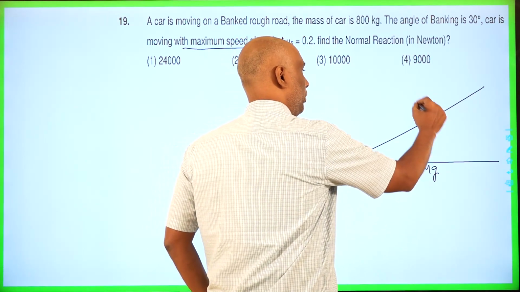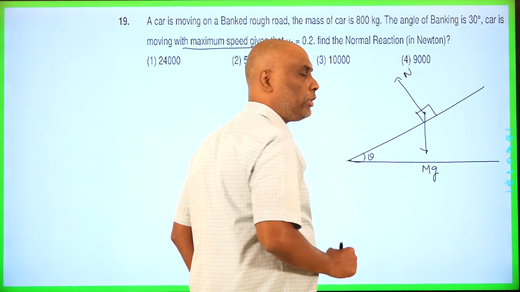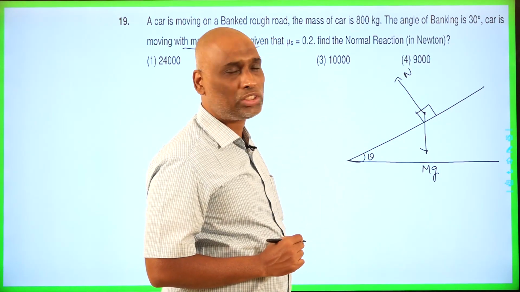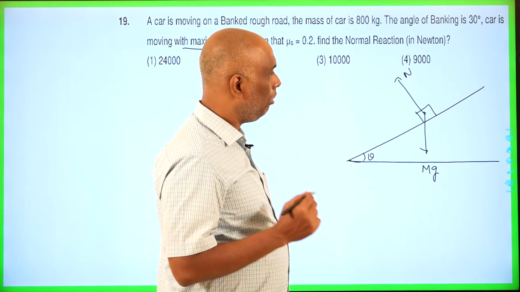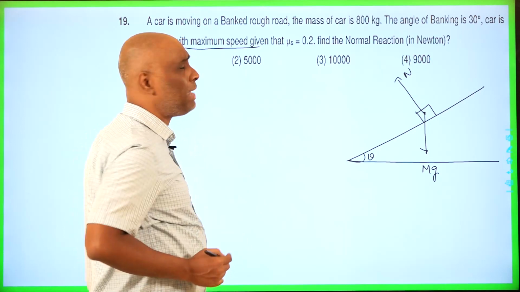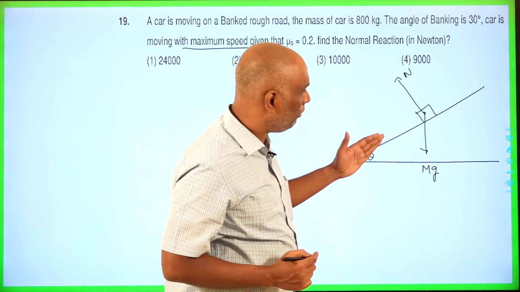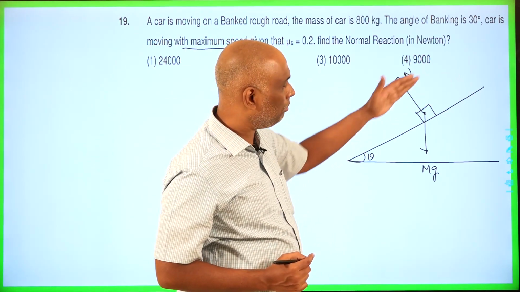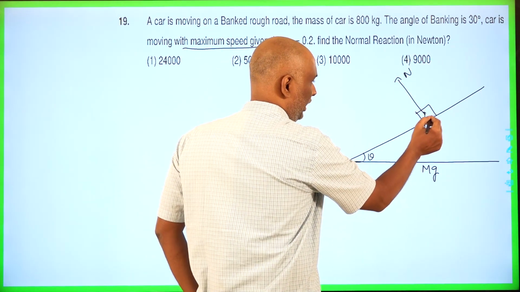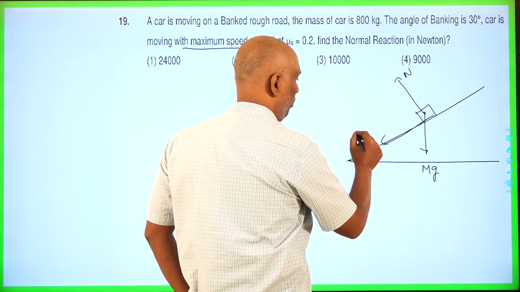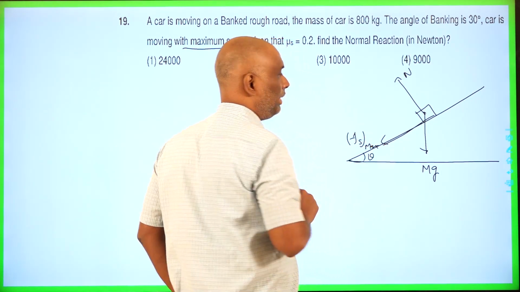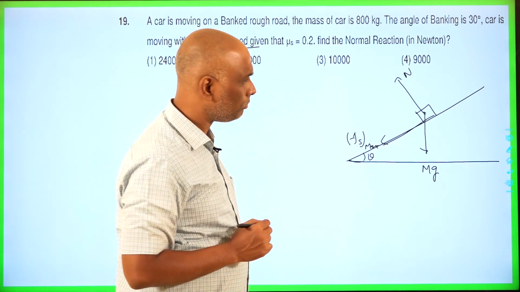The second force is the normal reaction, which is equal to N. Apart from this, there will be one more force, which is nothing but the frictional force. What is the direction of the frictional force acting? As they said that it is moving with a maximum speed, the impending motion will be outwards. When impending motion is outwards, then the frictional force will act inwards. And this frictional force will be equal to Fs max, that is nothing but limiting friction.